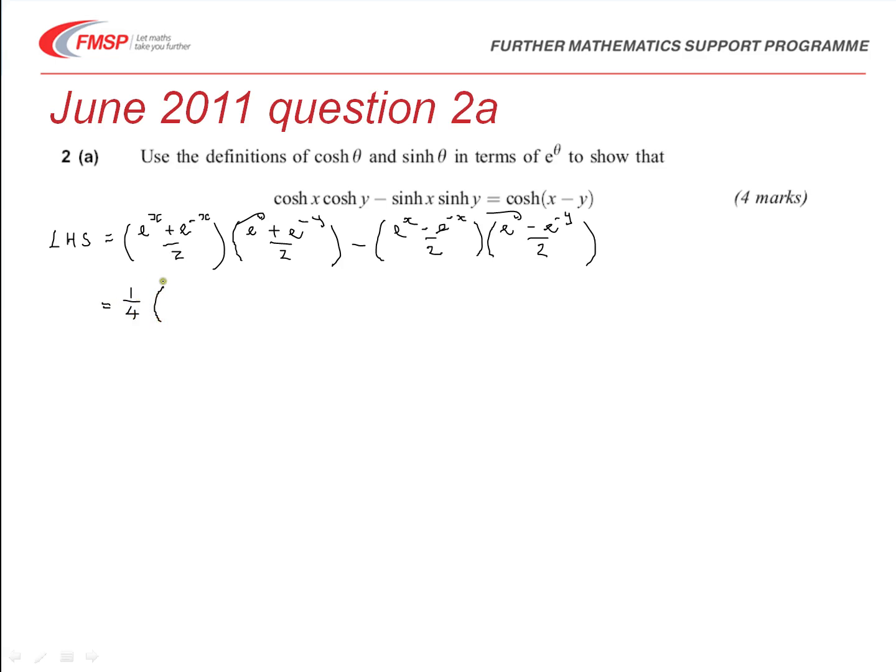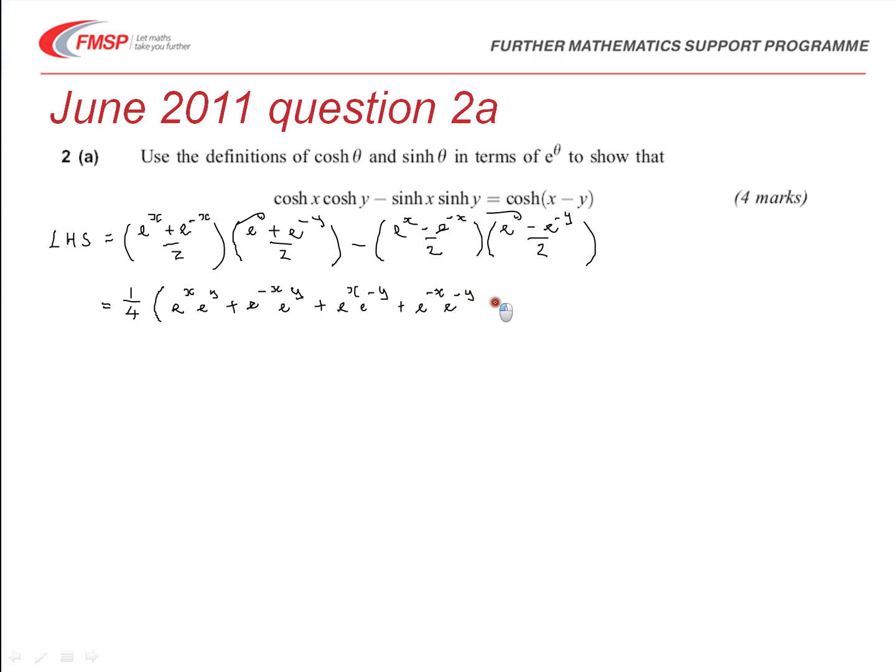And then what do we get? Well, we're going to get a whole collection of terms. So we've got e to the x times e to the y plus e to the minus x times e to the y plus e to the x times e to the minus y, and then the last term from the first pair of brackets will be e to the minus x e to the minus y.